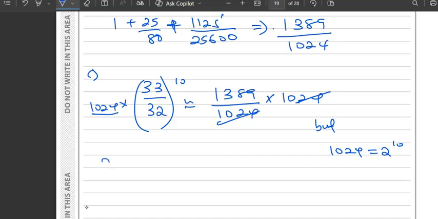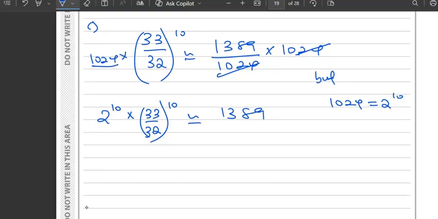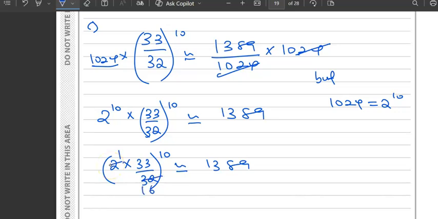So that we'll have 2 power 10 multiplied by (33/32), everything raised to power 10, and this is approximate of 1389. Since the two are expressed to the same power, we can combine them. So this is the same as (2 times 33/32), everything raised to power 10, is approximate to 1389. Simplifying this bracket, 2 goes here once, 2 goes here 16.